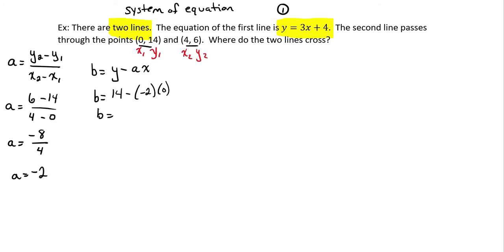So negative 2 times 0 is just 0, so b is 14. So our equation 2 is y equals negative 2x plus 14. So there's our second equation.